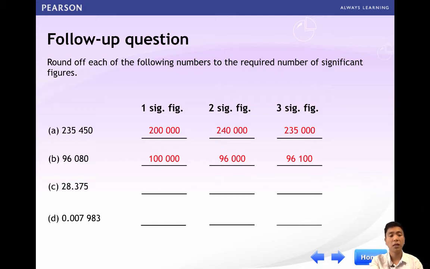And next, 2 will be the first significant figure, and 8 is greater than 5, so you have 30. The digits after the dot are not important, so we would not write them down. So we just write down 30. Okay, for two significant figures, because the third significant figure is 3, we will remain it as 28.